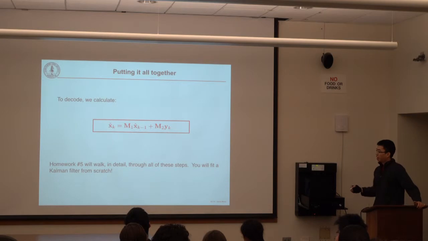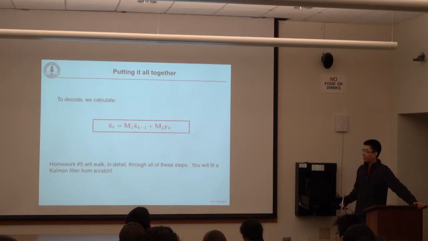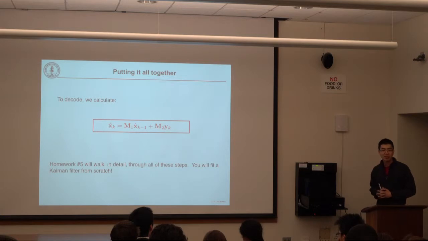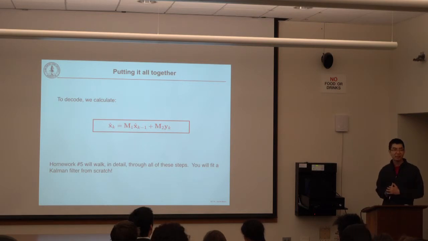Homework number 5 will walk in detail through all of these different steps, and you're going to start off with that same R struct that you have on homework number 4, and you will build a Kalman filter from scratch. All right, so any high-level questions on the Kalman filter before we end the mathy part of the Kalman filter?